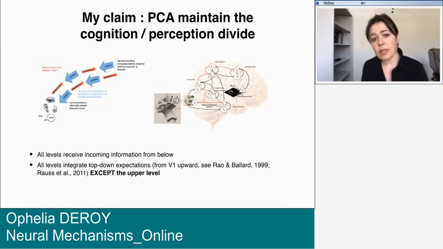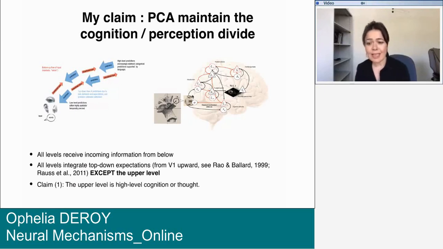So you can see, just following from this organization, there is a way in which you can isolate a characteristic of the higher level. And what I want to claim is that we're entitled to call this upper level the highest level in the processing, the high level cognition, or the level of thought. And I will use the two expressions indifferently.